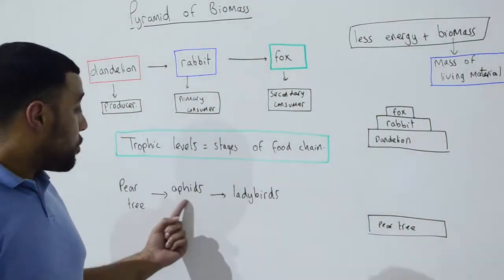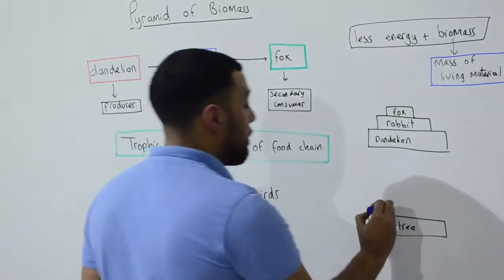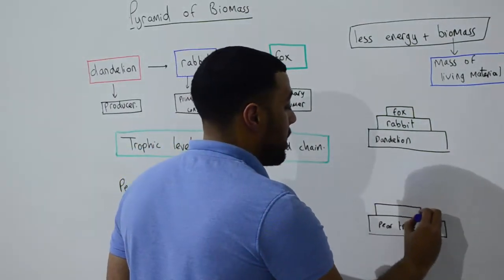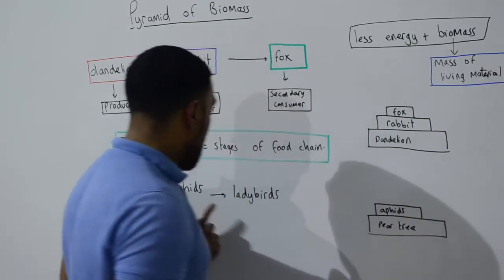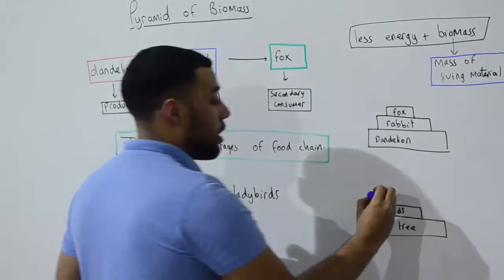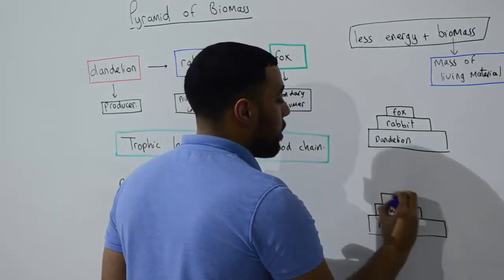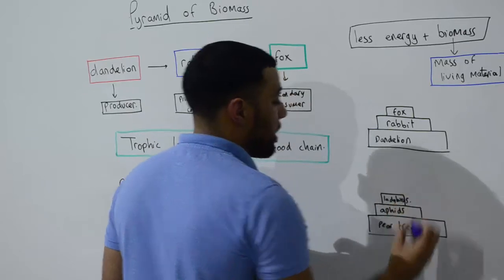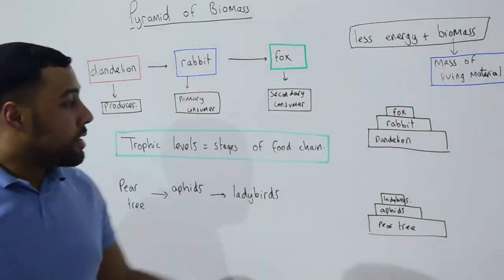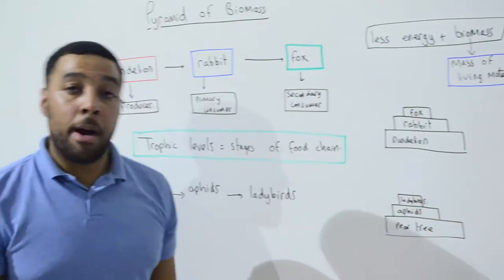What eats the pear tree is the aphids, and they've got less biomass and energy. And what eats the aphids are ladybirds, and they've got the least amount of biomass. So you can see that along the food chain, the amount of biomass and energy decreases.